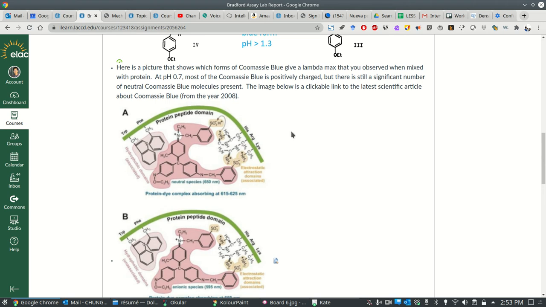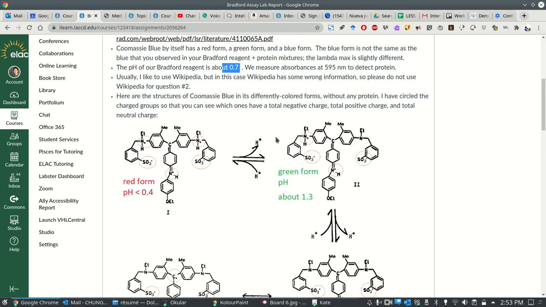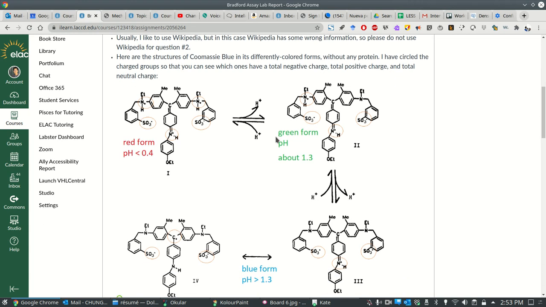Now, I wanted you to understand that the way that this happens has been poorly understood for decades. And it's only since 2008 that we have in the scientific literature some careful experiments that show what is going on.